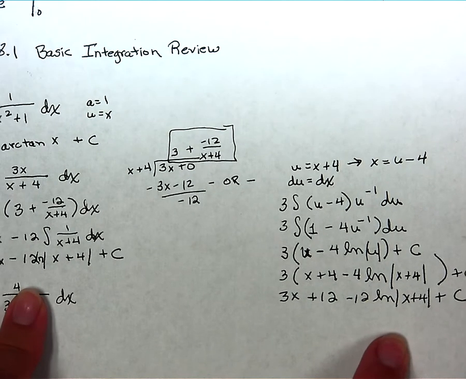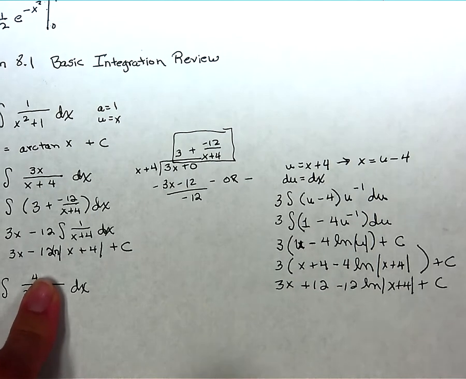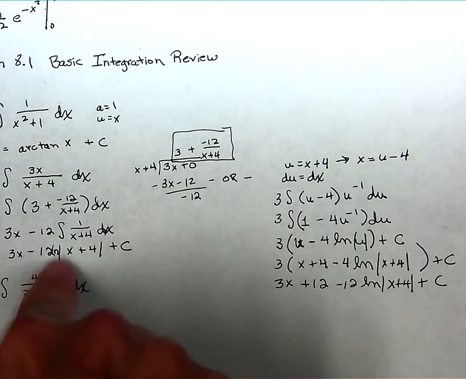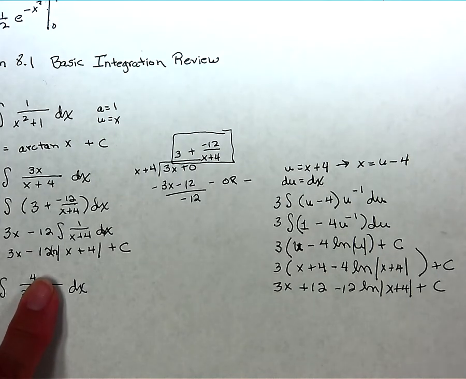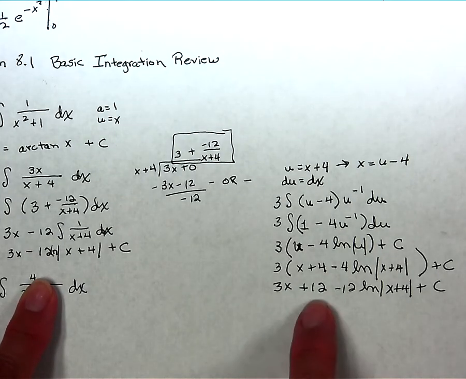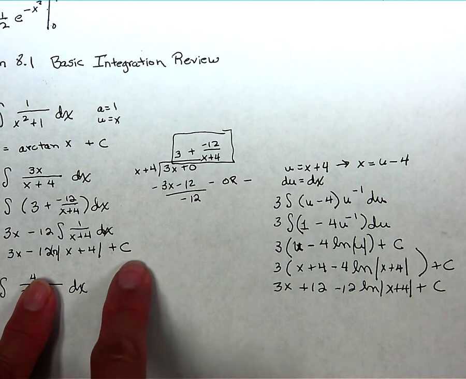I freaked out the first time this happened when I taught this class. I called Miss Denton, woke her up. Why is my answer wrong? The back of the book has this. And she said, your answer's not wrong. It's just different because 12 plus a constant is still a constant. So we don't know what that constant is.